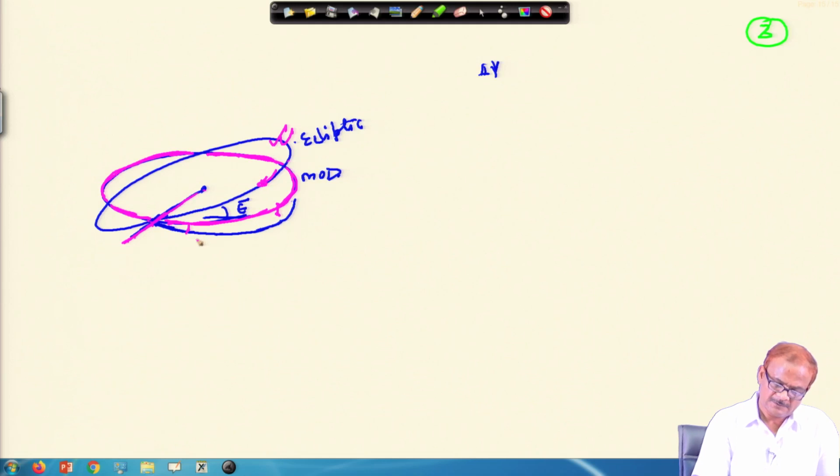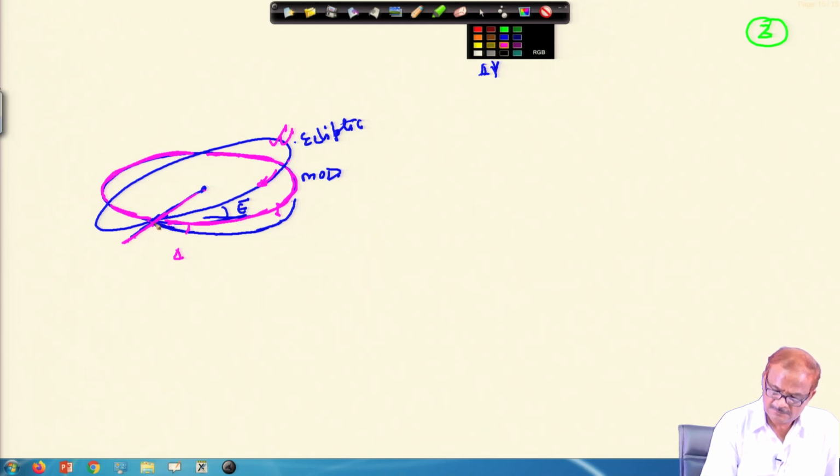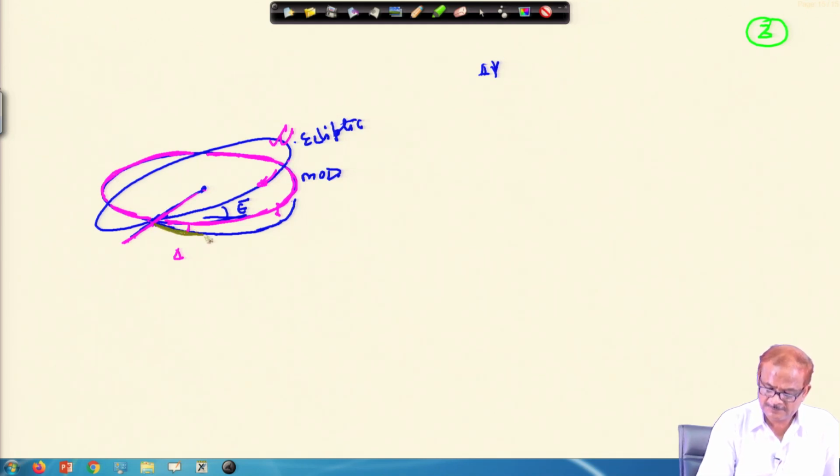okay. And that angle we refer to as, so giving this rotation, see the figure what we can draw using the graphics tools, and here it is not very clear. So, this will go like this, some small rotation.